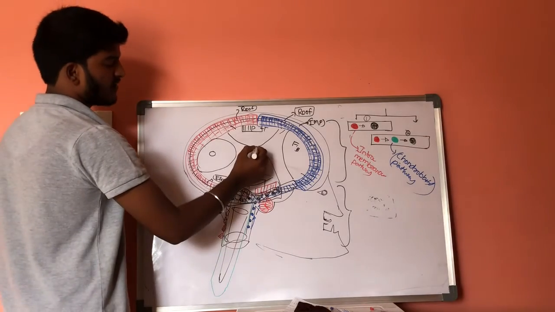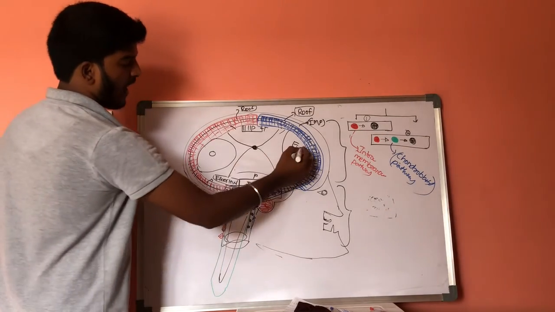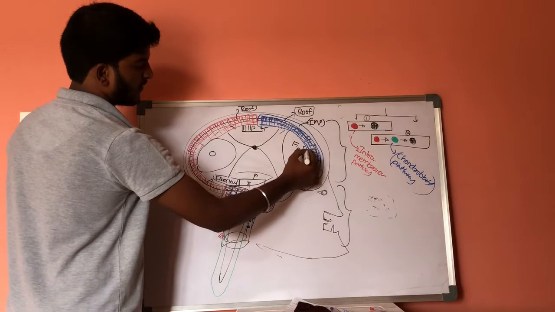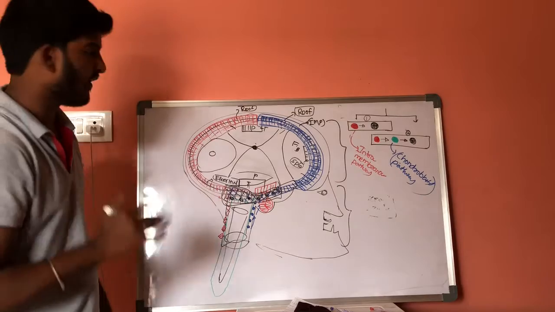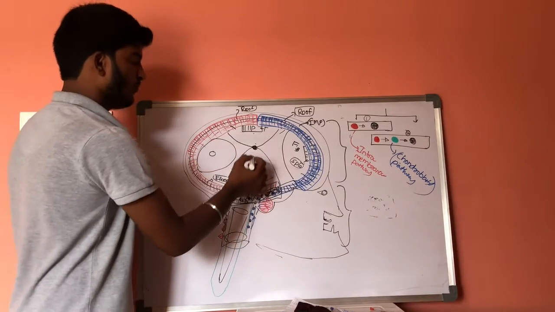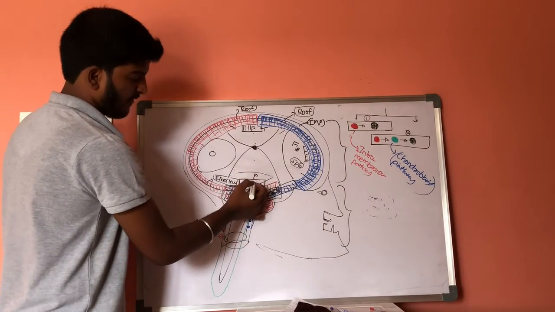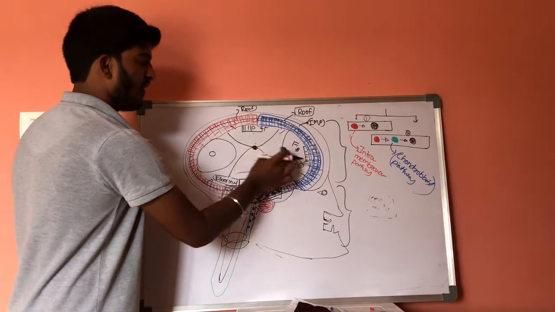At the center it consists of the ethmoid bone, and here it consists of the sphenoid bone. Totally it consists of 8 bones.